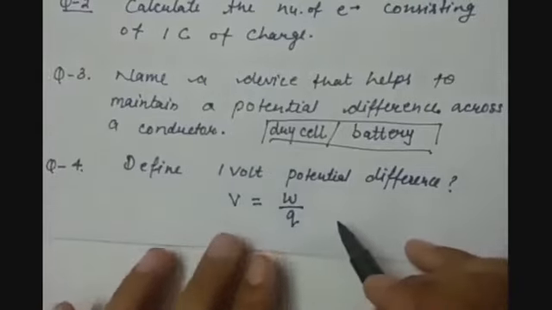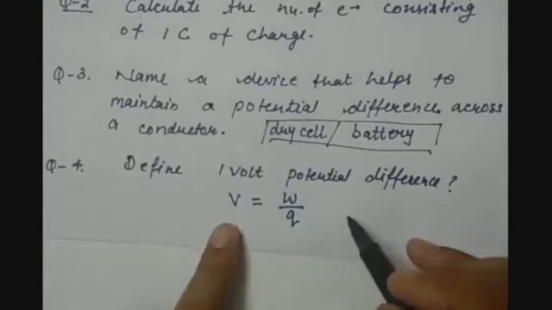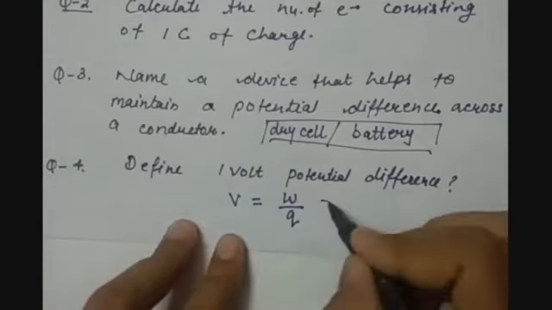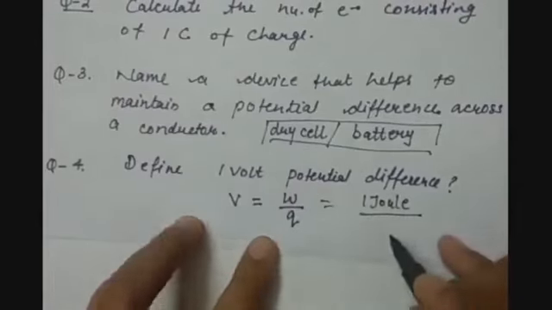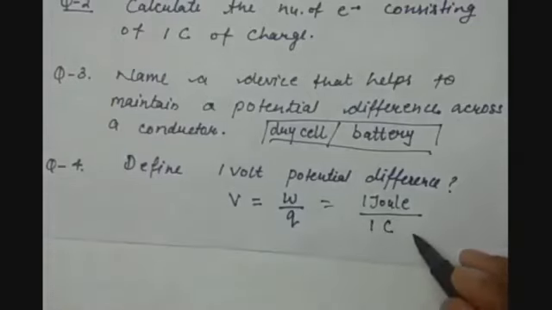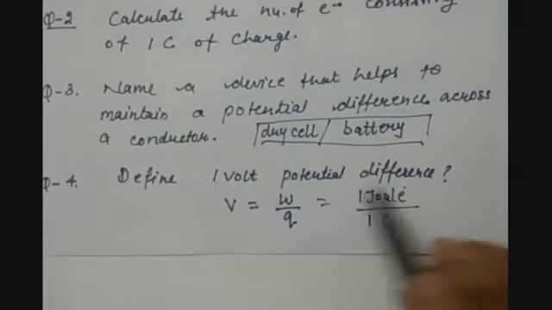If we have to define 1 volt potential difference, then we can say that when 1 joule of work is done in carrying 1 coulomb of charge from one point to another without acceleration, then potential difference will be 1 volt.